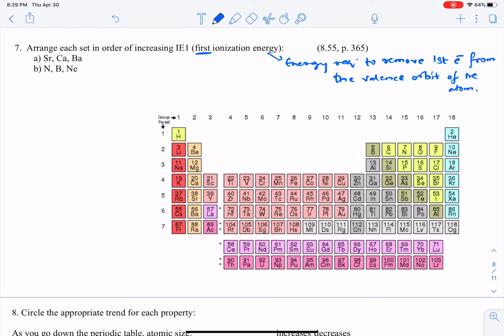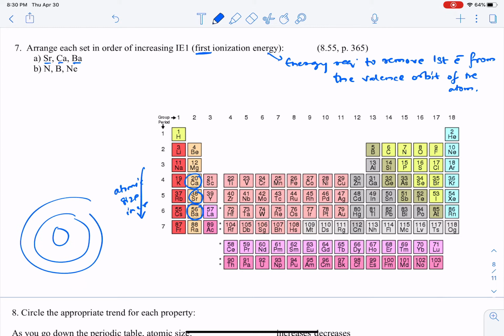So let's note down where these atoms are: Sr, Ca and Ba. We remember from the previous question itself that the atomic size increases, right? So I'm giving you the reason why the ionization energy varies. If the atomic size increases, there are more shells added.